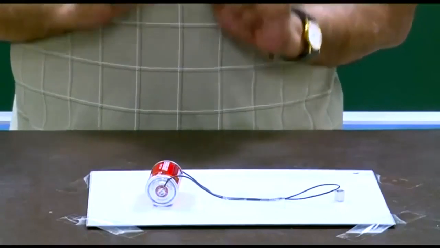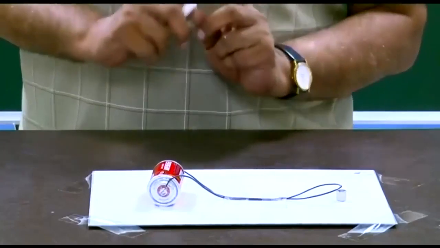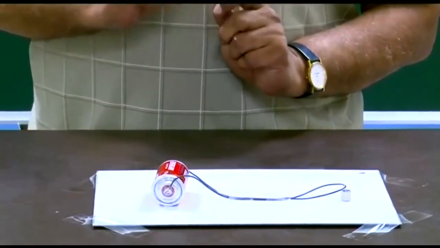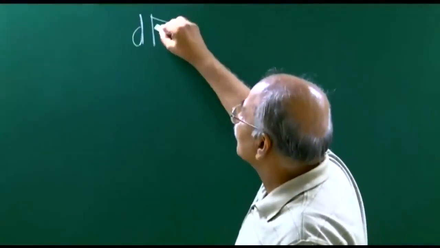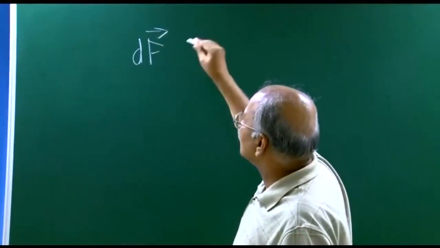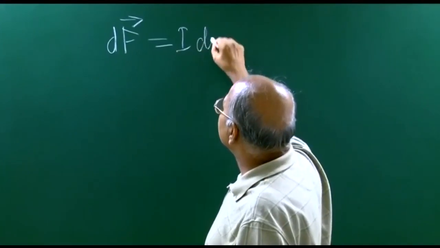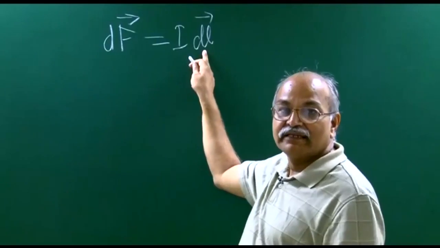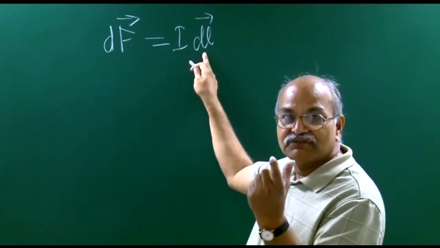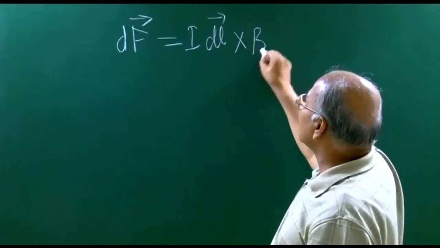And what is the basic formula for calculating force due to a magnetic field on a current carrying wire? The basic formula is that the force on a small part of the wire is I, the current, times dl, the direction in which the current is going and the length on which you are calculating the force, cross product with the magnetic field vector.